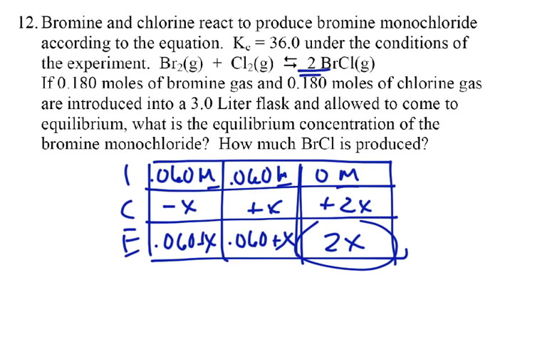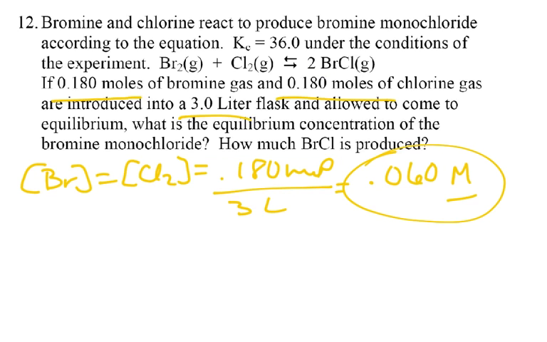Now, at equilibrium, I get to solve for my x. And you can see what's going to happen when I put it back in my expression. I will get 2x squared on top, and I'll get these guys multiplied together on the denominator. So I'll go back here and say, here it is, Kc.